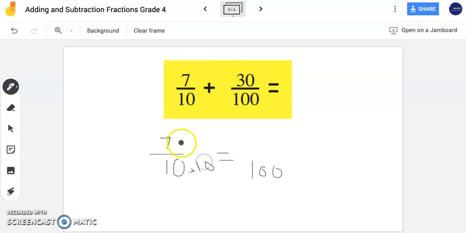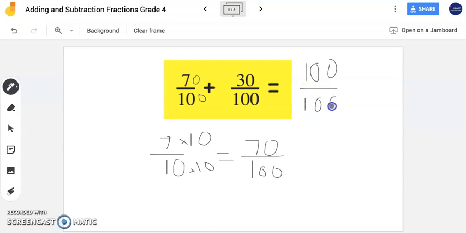So if I multiply my denominator by 10, I do the same to my numerator. So 7 times 10 is 70. So now all I'm going to do here is change this to 70 hundredths. Now I can simply add my numerators. 70 plus 30 is 100. And I'm going to stick with my same denominator of 100.